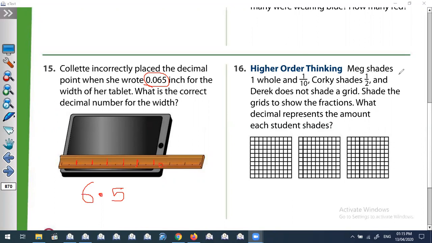Here, Mike shades 1 whole and 1 over 10. Corky shades half. And Derek doesn't shade anything. We have 3 boys. Shade the grid to show the fraction each decimal represents. Mike shading 1 whole means 1 in ones, and 1 over 10 means 1 in tenths. So Mike shaded 1.1.